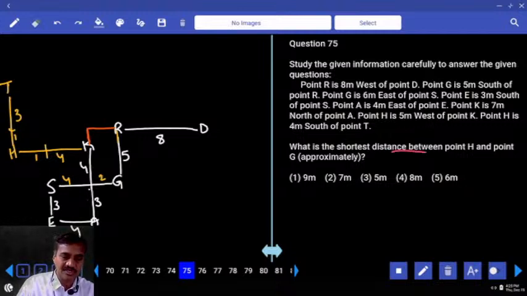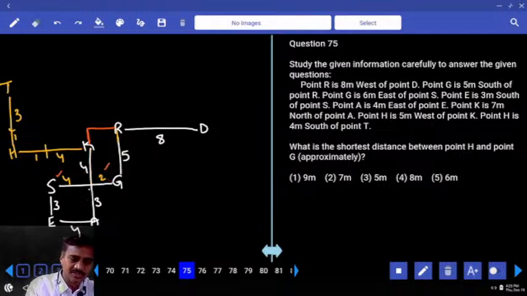Then 75. What is the shortest distance between H and G? Now between H and G, we need to find the shortest distance. Horizontally it is so much? 5. And vertically is so much? 4. Isn't it? Now H is at this place.